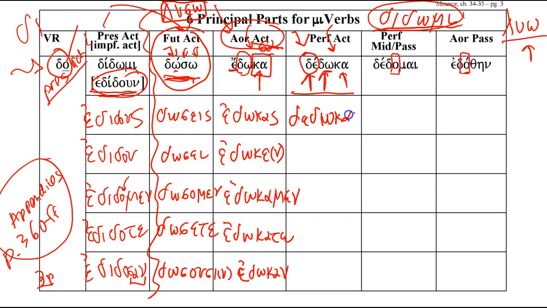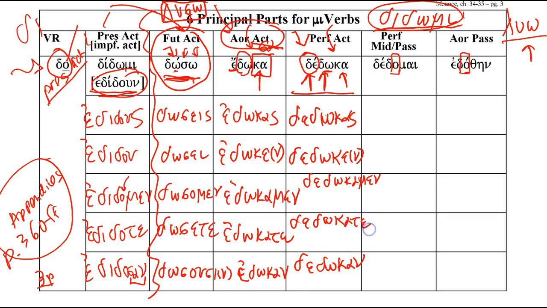Dedokas is you have given. Dedoke or dedoken, he, she, it has given. Dedokamen, we have given. Dedokate, you all have given. And dedokan, they have given.